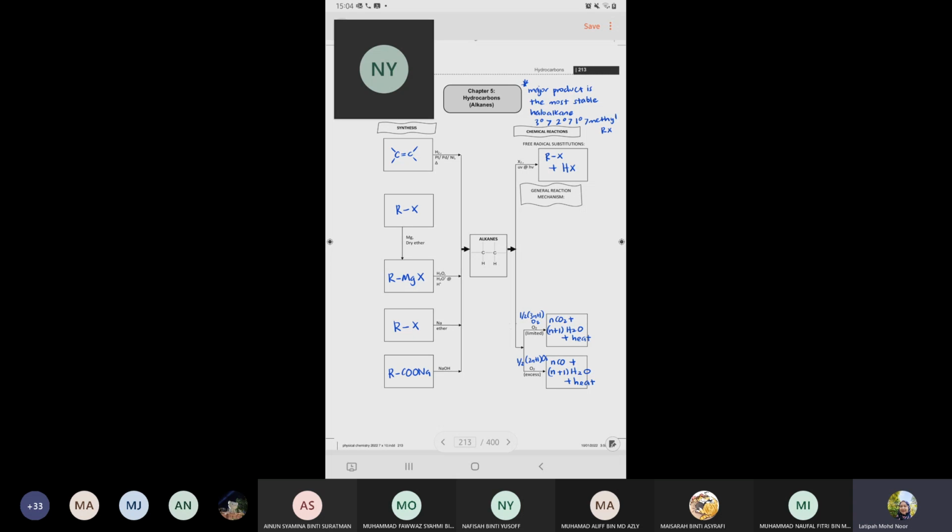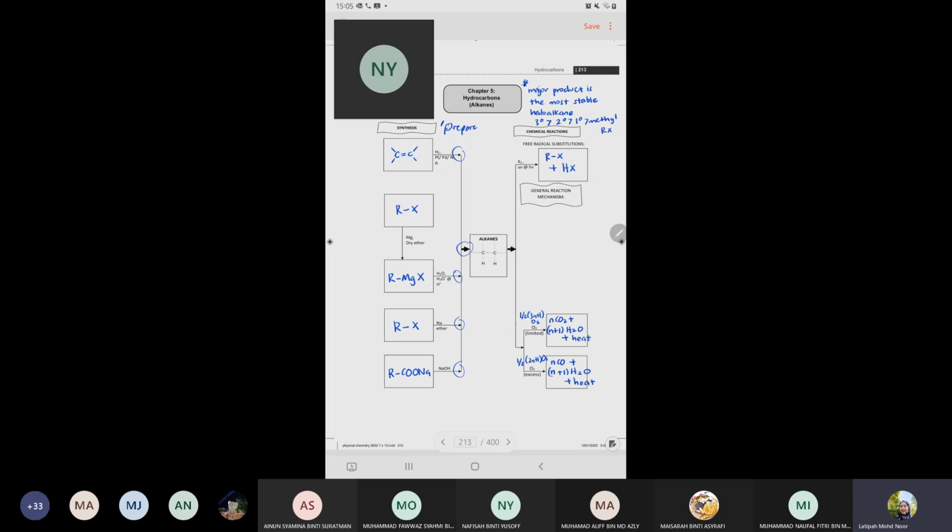So how to understand the mind map? Refer to the arrow. When the arrow is pointing towards alkene, or the arrows coming to this side, these are all referring to the synthesis or preparation, how we prepare the functional group, for example here alkene.